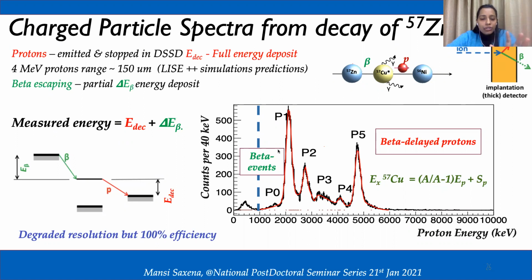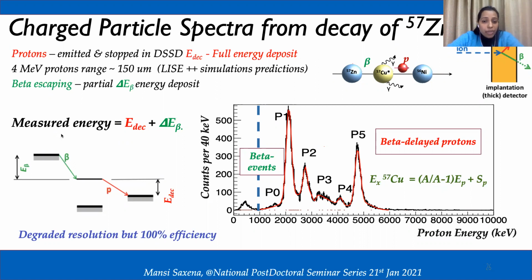So as the Q value of the decaying system are of the order of several MeVs, the majority of the beta particles are minimally ionizing and leave only a fraction of their energy inside the DSSD. Since their spectrum is a continuum spectrum, this essentially produces a tail on the right-hand side of each proton peak.